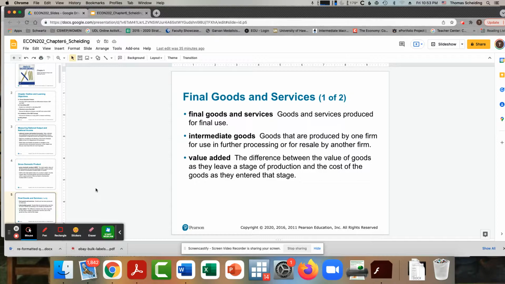If you didn't use the final good or service, then you could add up all of the intermediate goods. You would just need to keep adding them up, and they should then theoretically equal the value of the new car. But if you counted the final good or service and you counted an intermediate good, you would in essence be double counting.